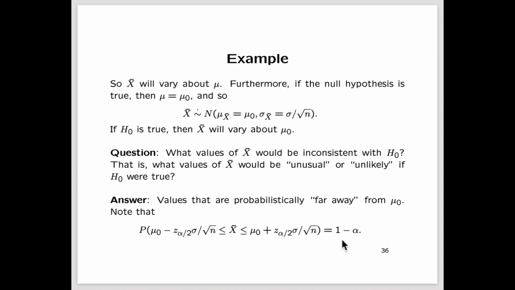And if alpha is fairly small, then 1 minus alpha is going to be large. It'll be big, close to 1. And so there will be a high probability, if the null hypothesis is true, that we get a hold of a sample for which x bar is fairly close to mu sub 0.